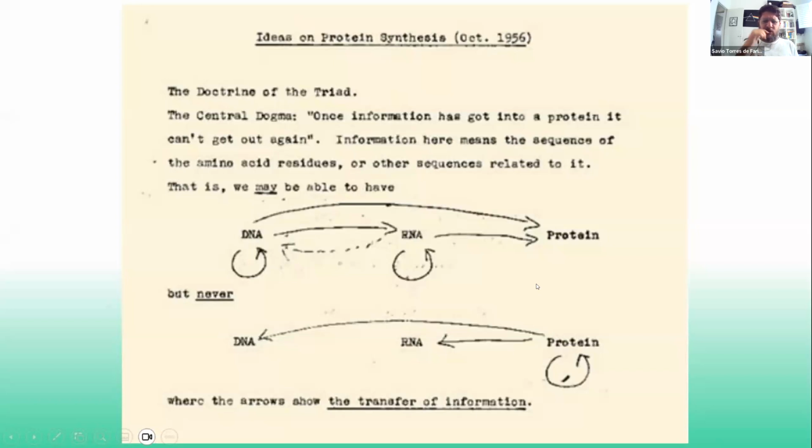Crick also proposed that the RNA can produce a DNA molecule. But on the same page, Crick said that the information can never pass from proteins to nucleic acids. This is the first time that we can start to understand how information passes in the biological system.